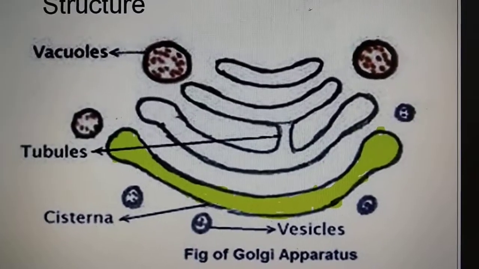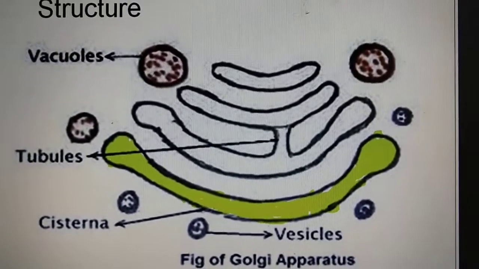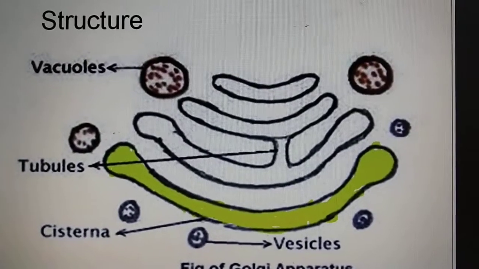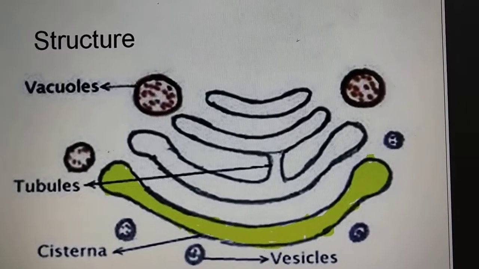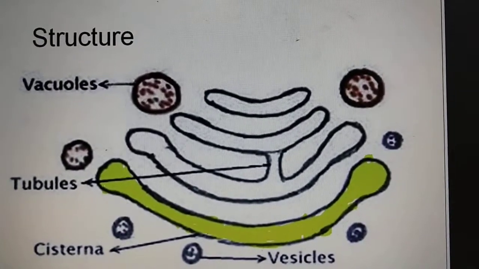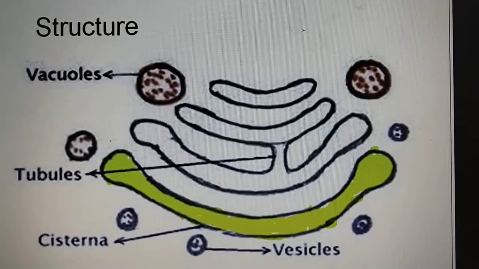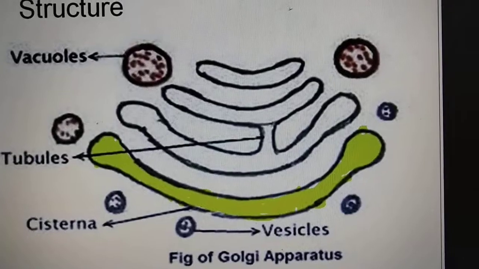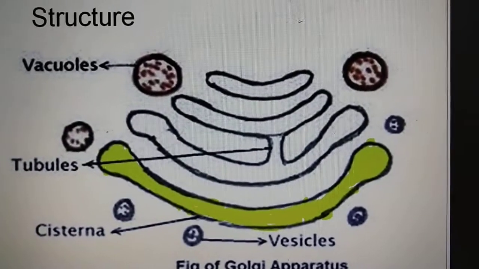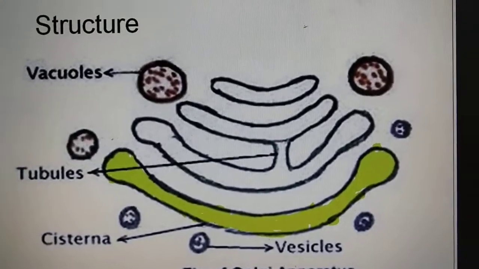In the figure you can see flat sacs colored yellow. Those are the cisternae, the flattened sacs arranged parallel to each other. You can also find tube-like structures in between called tubules and small circular structures called vesicles. This is the diagram of the Golgi apparatus, which is continuous with the endoplasmic reticulum.